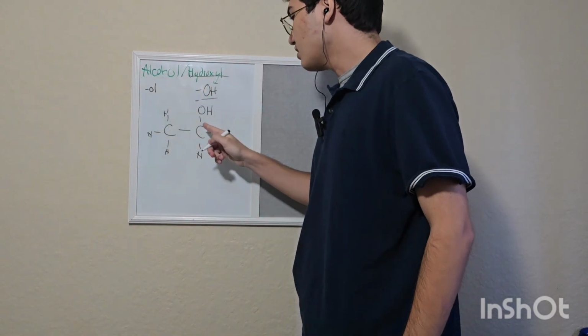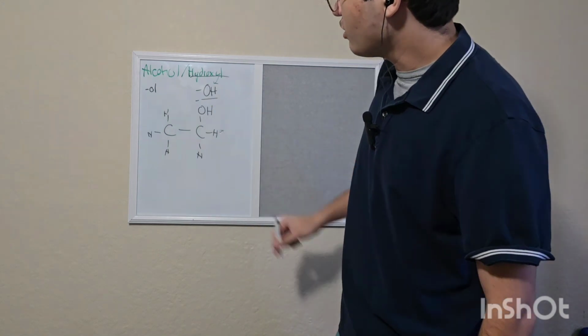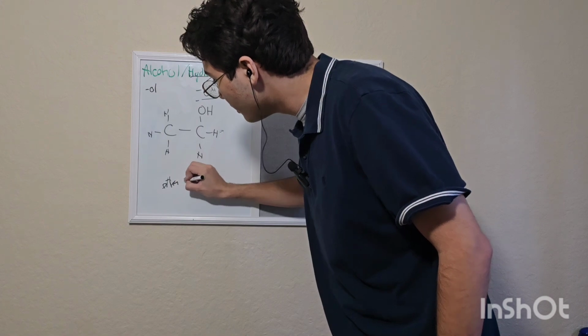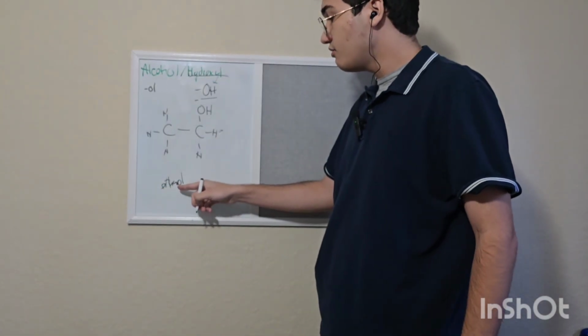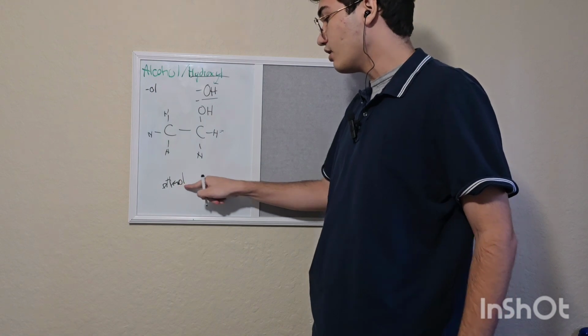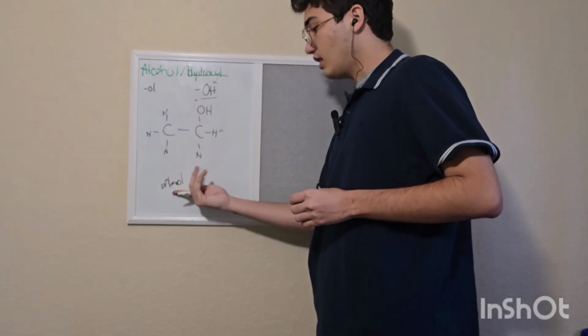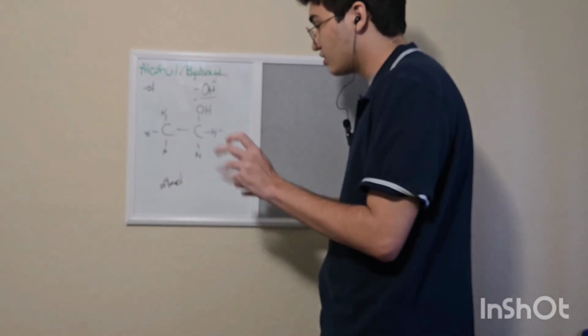And as you can see, here is an example of an alcohol. Now, how do you name it? It's an -ol. As you can see, we replace the E and add an -ol to it. Of course, ethanol is always going to be called ethanol.